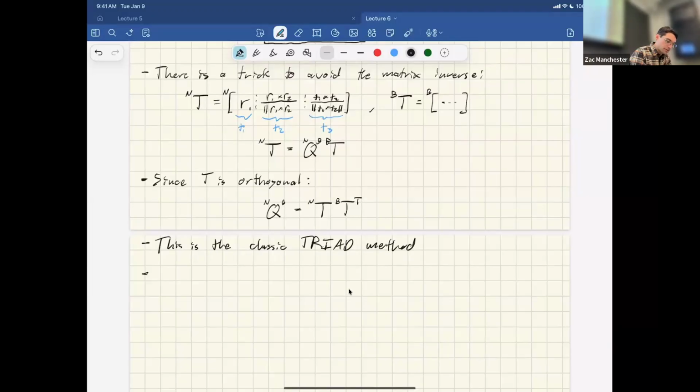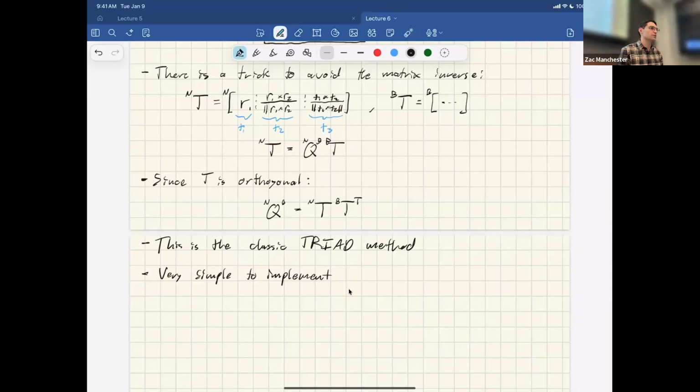It's really simple to implement. It's about as easy as it gets. And this is still used on cheap small sats and safe modes and things like this. But it has a bunch of limitations.